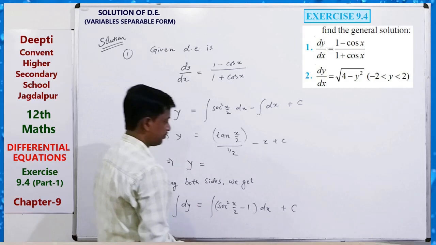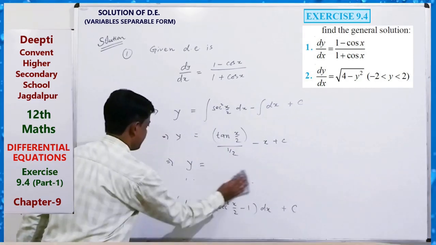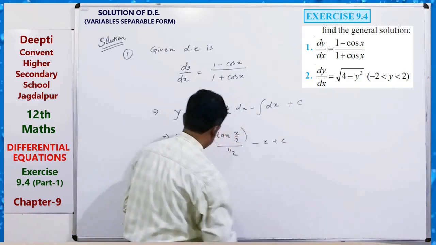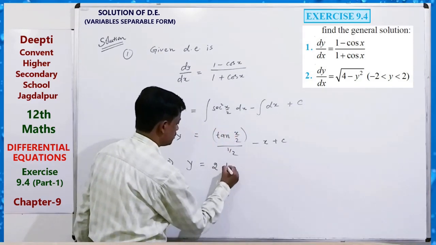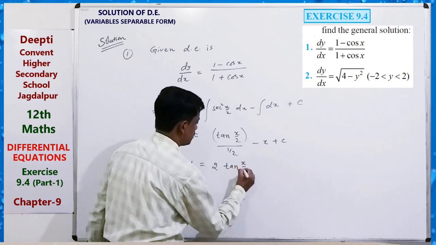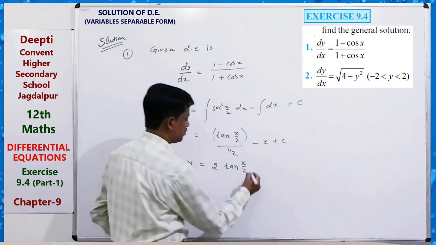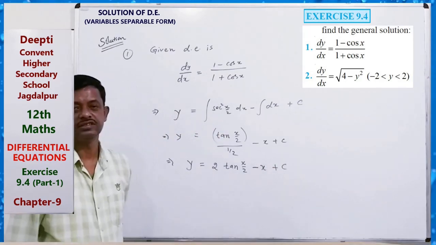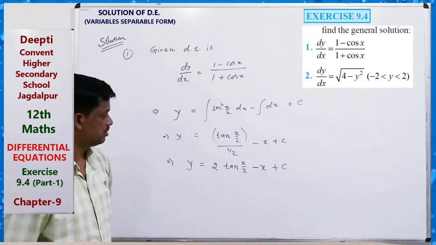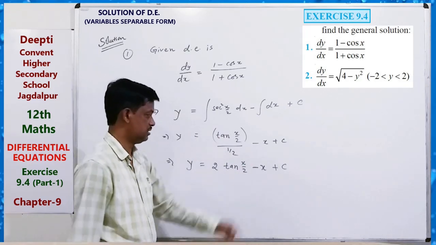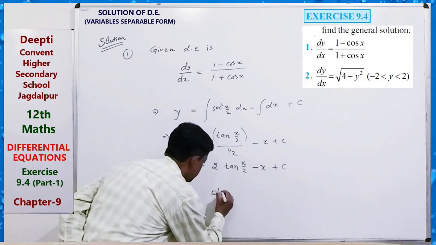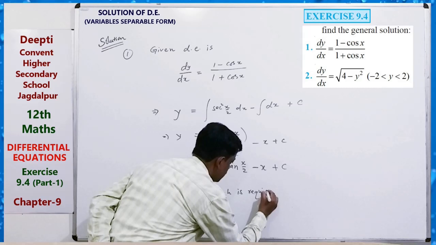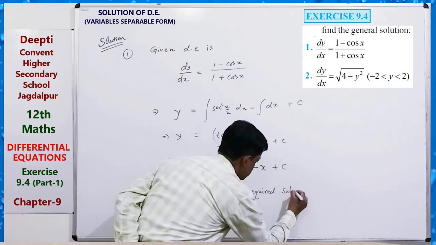y equals 2 tan x by 2 minus x plus c, which is the general solution of the given differential equation, containing one arbitrary constant c, which is the required solution.